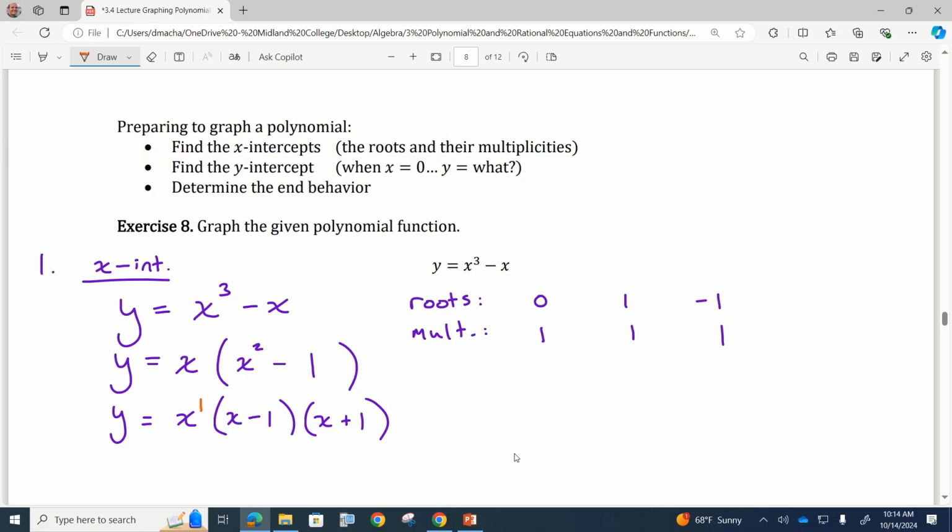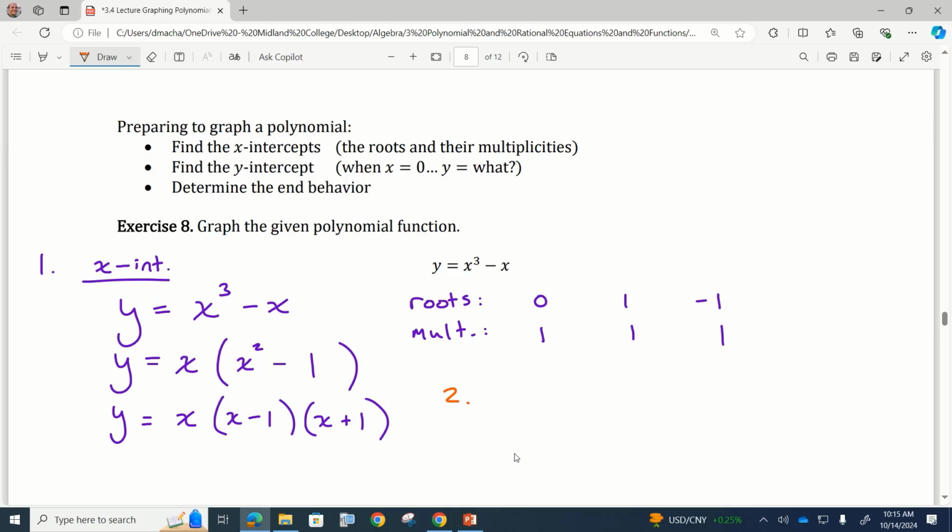And if I say this parentheses is raised to the 1 power, it doesn't change anything, right? And if it doesn't change anything, then we typically don't write the little ones. But the fact that you haven't written anything means that the multiplicity is not 2, and it's not 3, and it's not 4, so it must be 1. That's why we say these roots have multiplicity 1. If you just don't see an exponent on the corresponding factor, the multiplicity is 1. All right, so that's step number 1. We found the roots and their multiplicities.